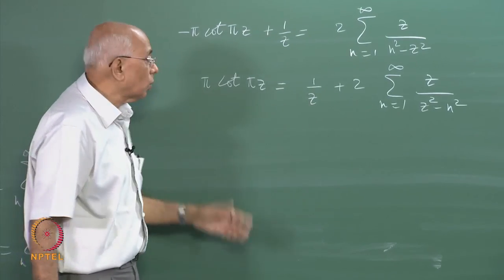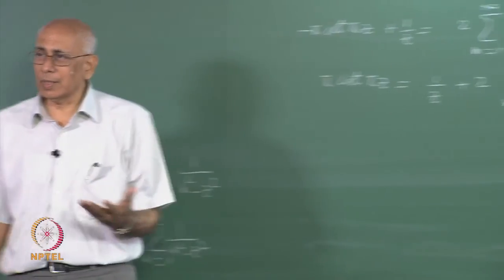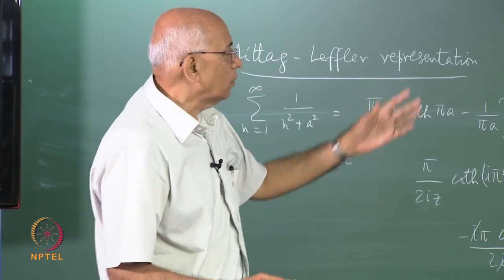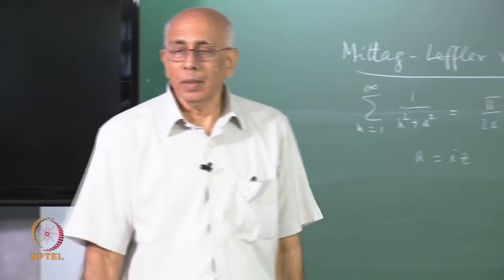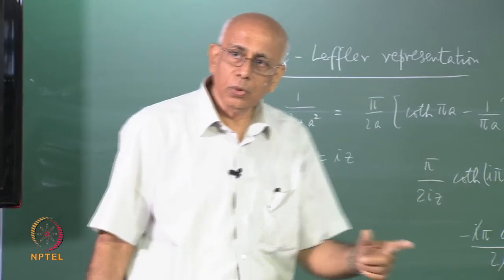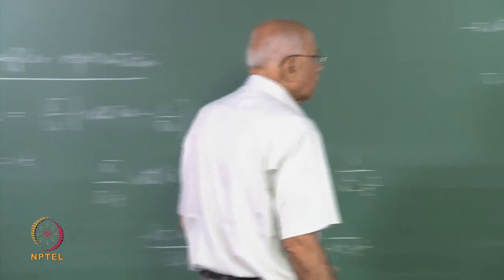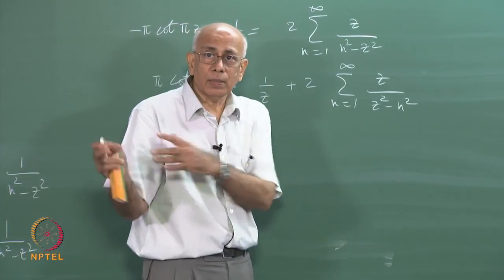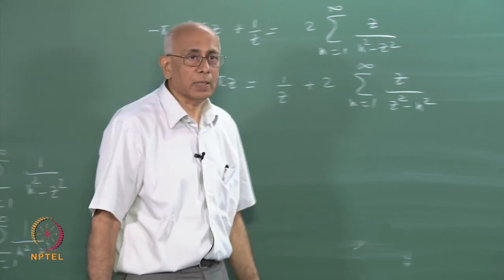So this almost looks like such a representation, that it is essentially equal to, if you like, a sum over poles. But this Mittag-Leffler representation should isolate all the poles. So you have no business to write it as 1 over z squared minus z squared. You should really write it as the pole part and sum over all the poles explicitly, right.